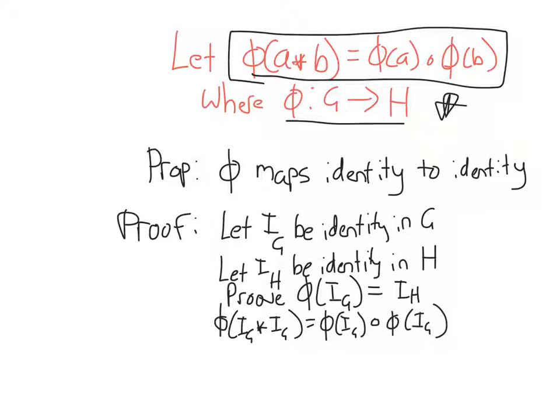So that's what we have here. But of course, the identity operated on itself in G is just the identity. So that will just be IG. So I have this equation now.